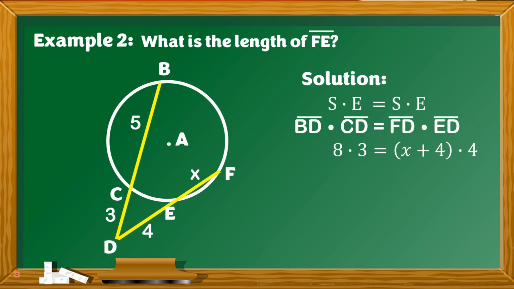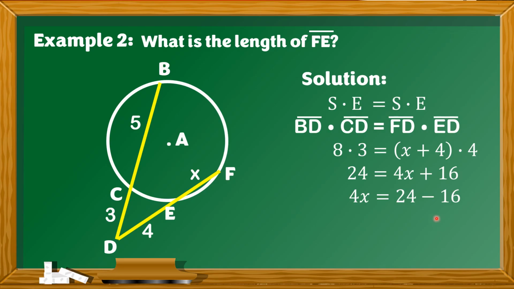Simplify now the equation. So we have 8 times 3 equals 24. And then 4 times x equals 4x. 4 times 4 equals 16. Next step, we're going to add negative 16 to both sides of the equation, and we have 4x equals 24 minus 16.